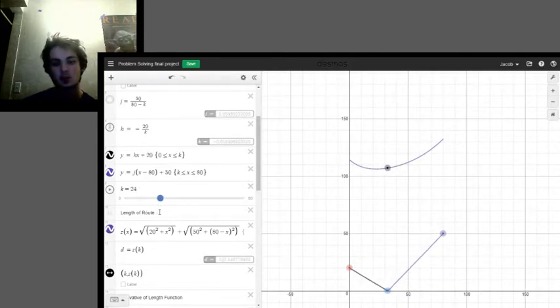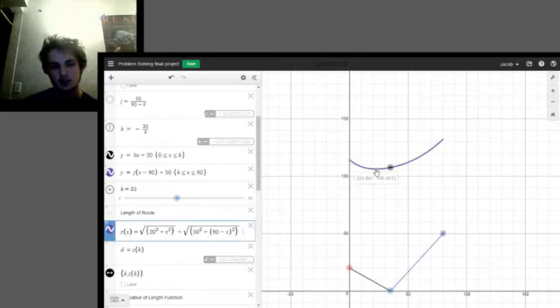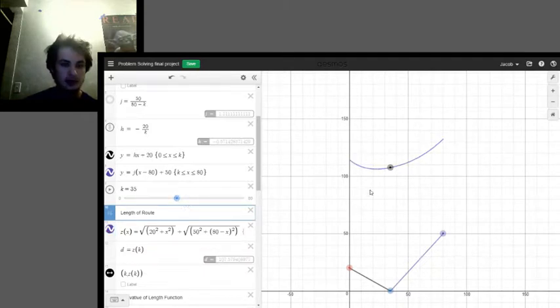To find that point, I could just look at where it is here, but I also wanted to take the derivative of this curve and find where that equals 0, because the only point where the derivative equals 0 between 0 and 80 would be the minimum.